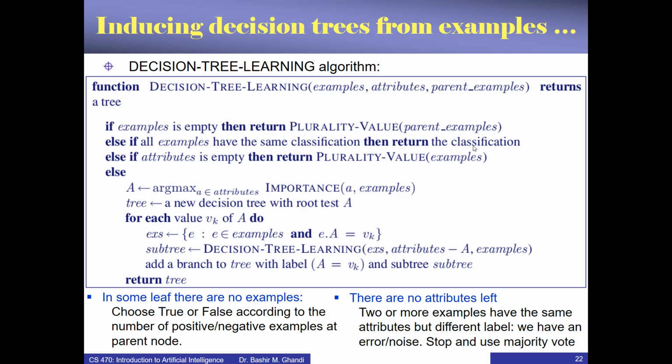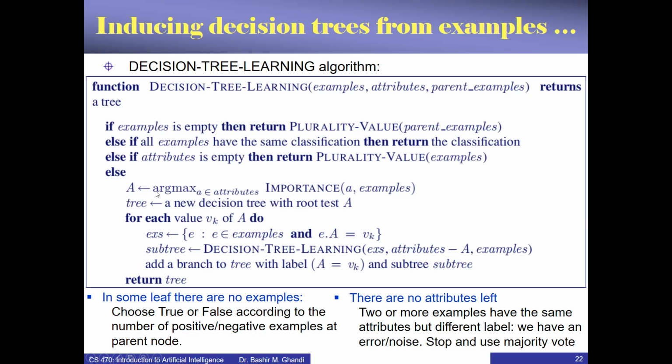So if all examples, when you consider a certain attribute, are all true or all false, but it doesn't have to be true or false, it could be an ordinal value, but the main idea is all the examples have the same output. So in that case, just return that particular classification. If all of them are false, return false. If all of them are true, return true. So this is the first typical case.